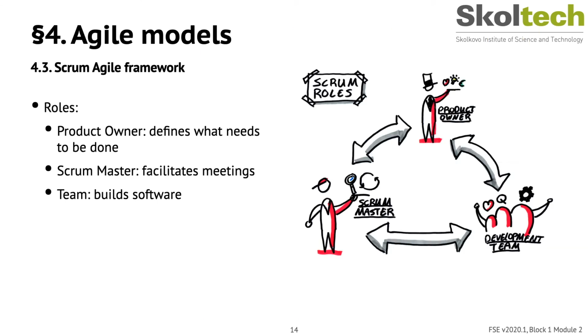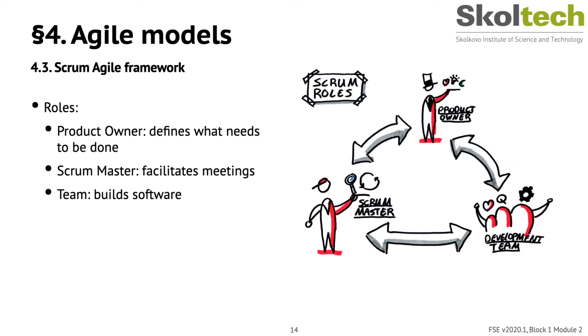The roles in Scrum are like this. There's a product owner who actually defines what needs to be done. He defines the high-level vision of the product, but operates in customer terms, not in technical terms.